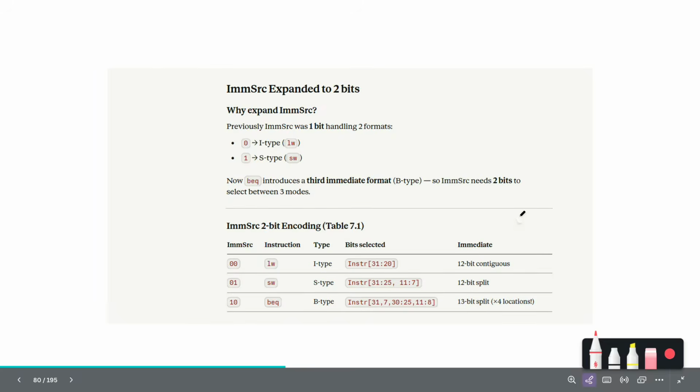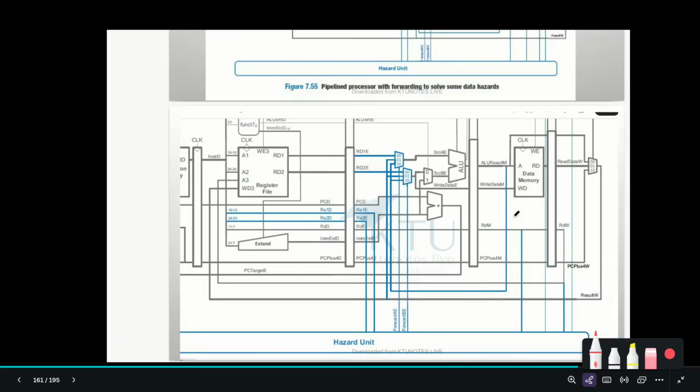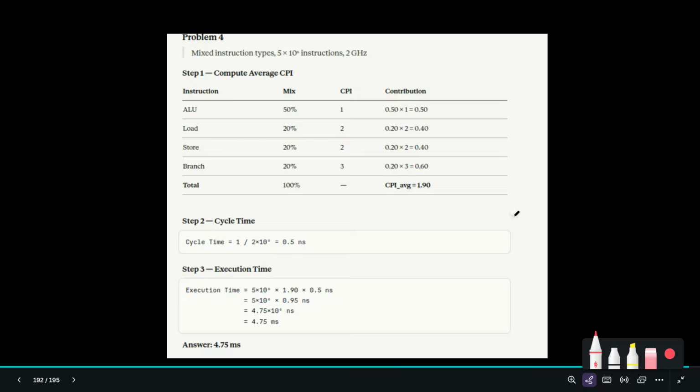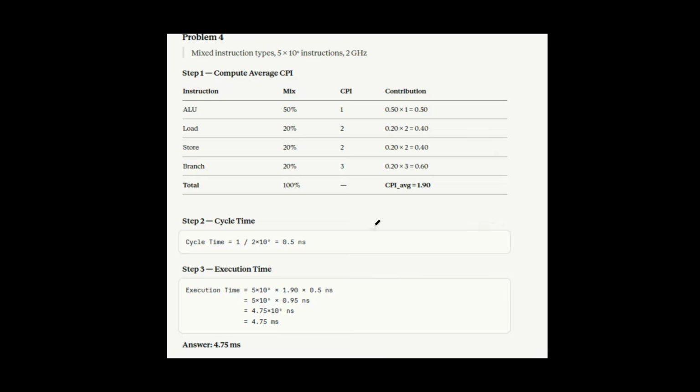Not whole divided by 4, whole divided by the addition of the CPI. I'm wrong in that. Sometimes it goes like this, and I'm so sorry. Here is how we take the CPI average of all of this.